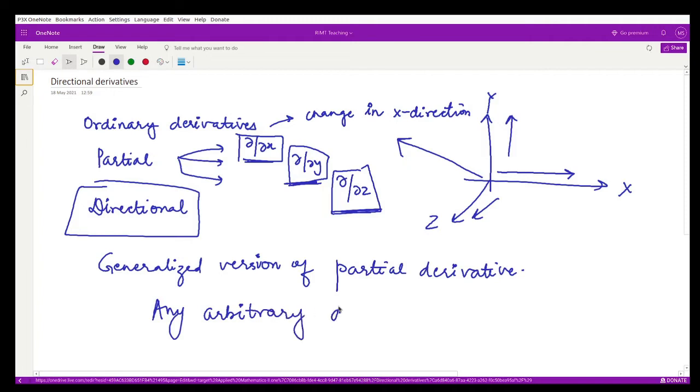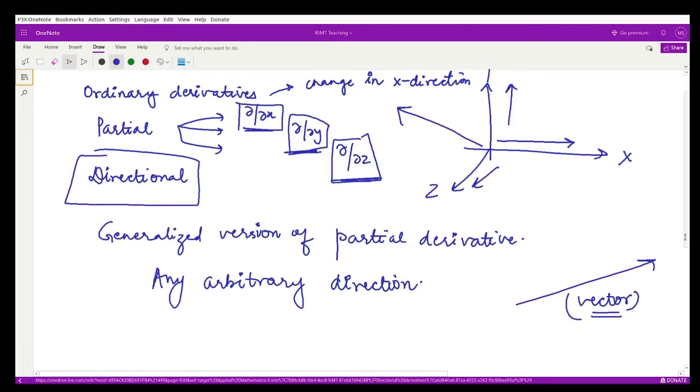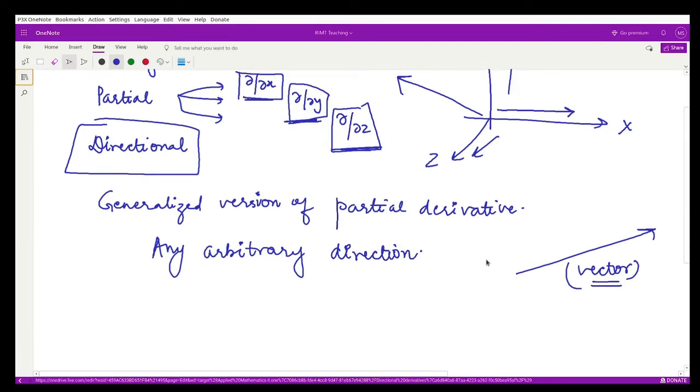Suppose I tell you to go along this direction, so obviously this would represent some vector. I ask you to find the change according to the direction given by this vector. What you can do is calculate the direction of this vector, and then take the component of that change in the direction of this vector.